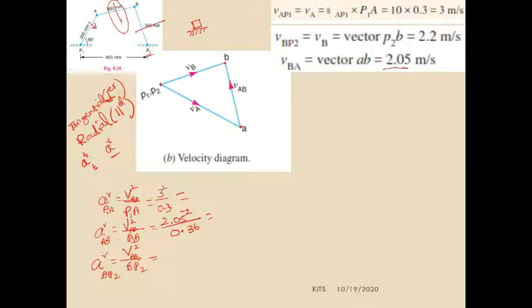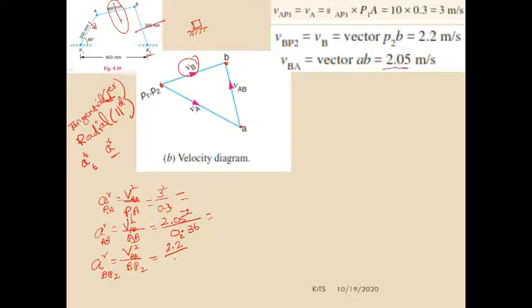Similarly, for the velocity of BP2, measure the distance between B and P2, this distance. This is the velocity of VB. So measure the distance and write it here. That distance is 2.2 meters.